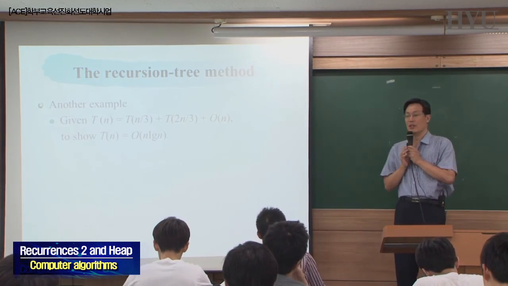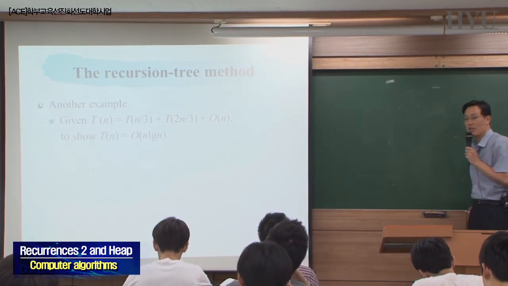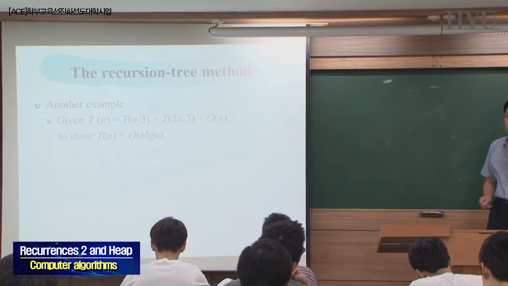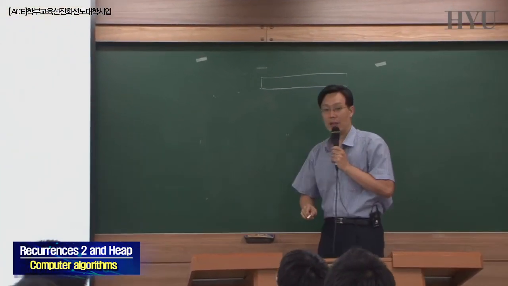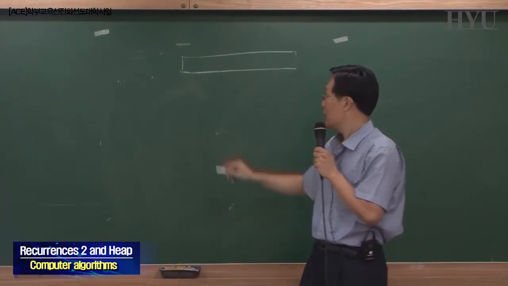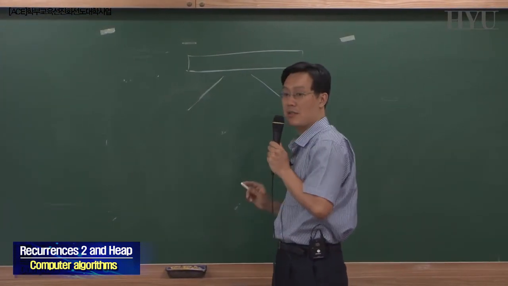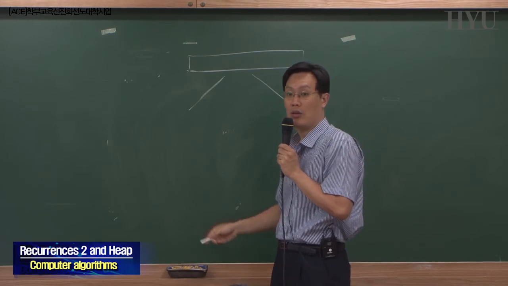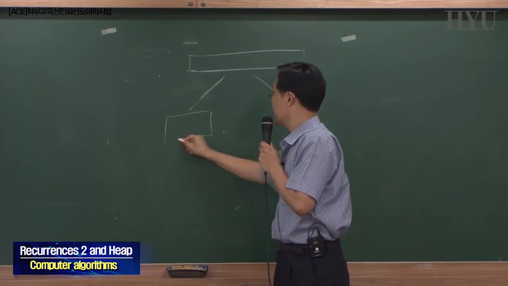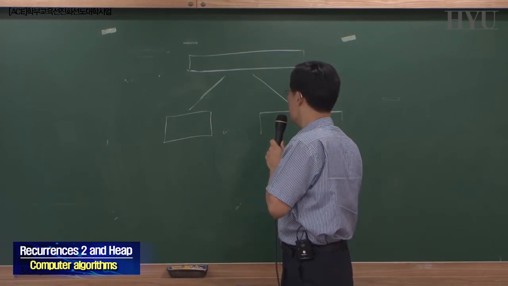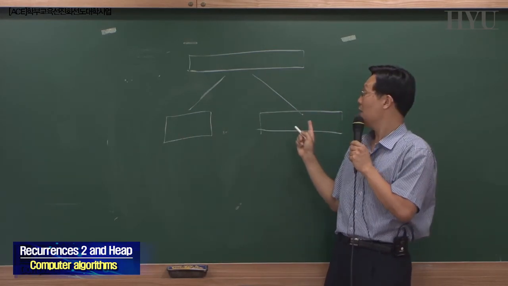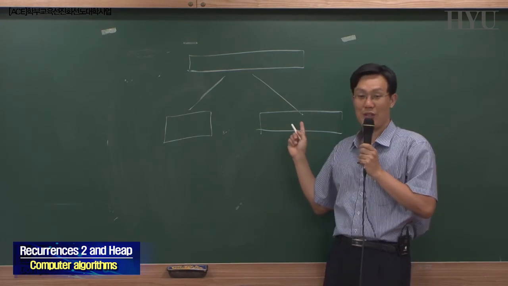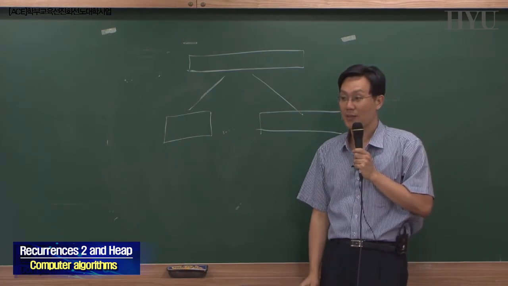First, this recurrence is asymmetric. Given a problem, the subproblem sizes are not equal. One is just 1/3 of its original size, and the other is 2/3 of its original size.